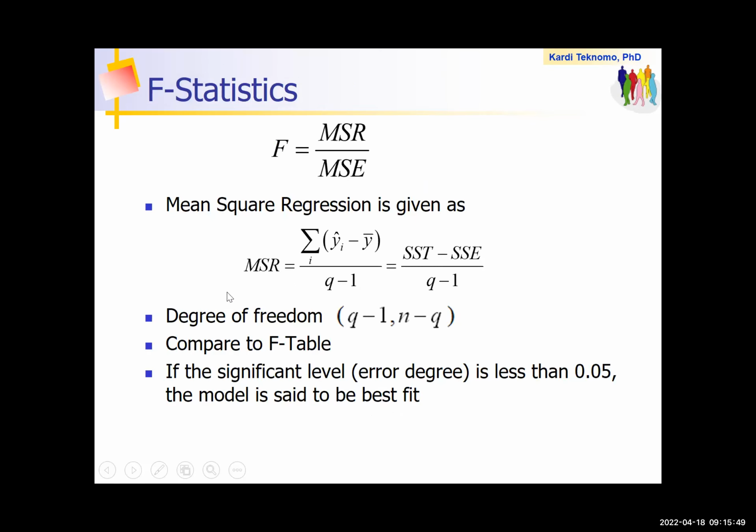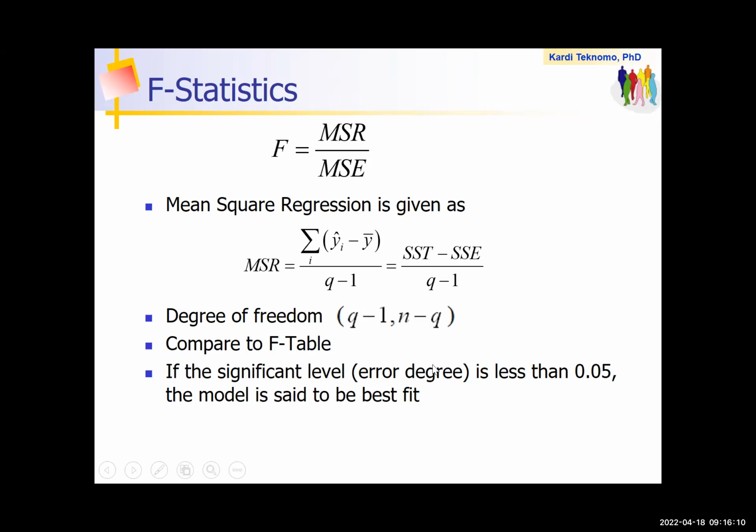Another measure is to use the F statistic. This is the formula. We use MSR, which is basically SST minus SSE divided by Q minus 1. Again, Q is the number of variables. Then you can compare it to the F table, and basically you can get a significance level. If less than 0.05, then you can say this is the best fit.